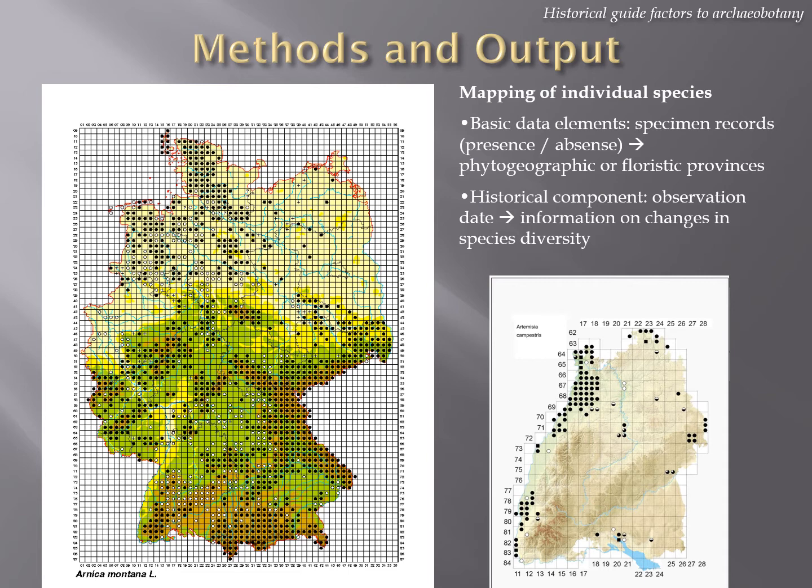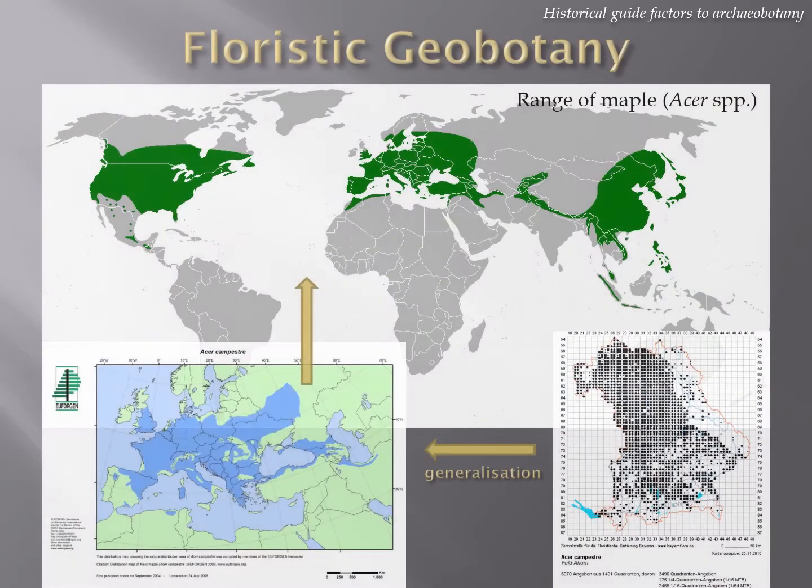Thus the maps contain, beside the information on the floristic provinces, also a historical component and can provide information on changes in species diversity. Depending on the coverage and completeness of the geobotanical recording of individual species, the maps can be on a regional scale or generalized to a supra-regional or global level.